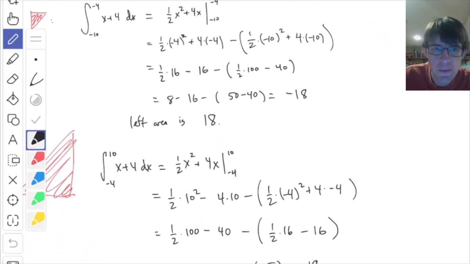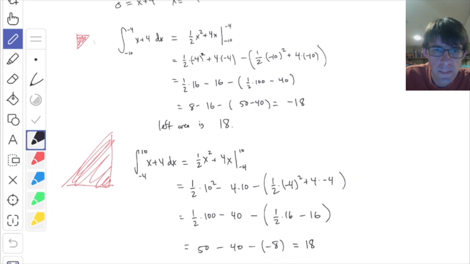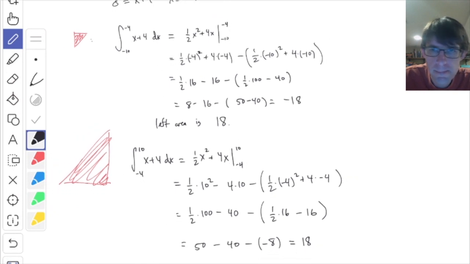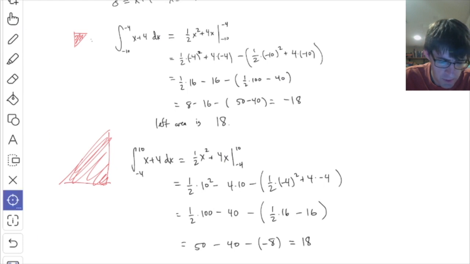Does anybody feel like I messed up the numbers? Is it the way the numbers are structured on the integral itself? No, I don't think so. This negative 4 to 10. Yeah, and then the other one, negative 10 to negative 4.